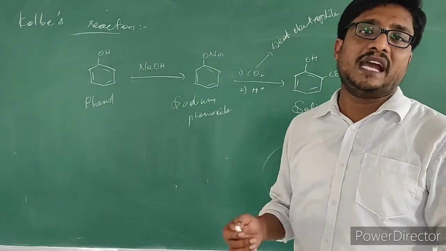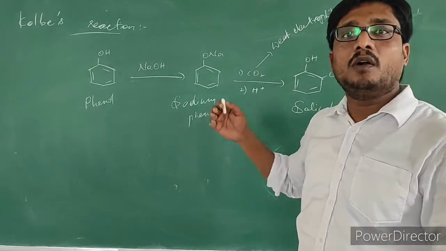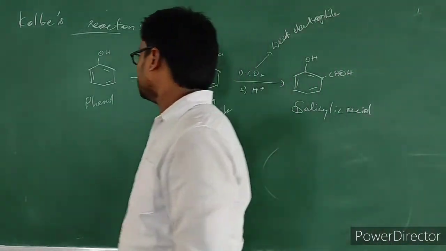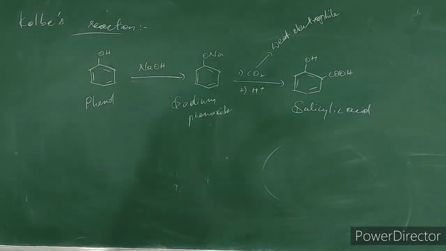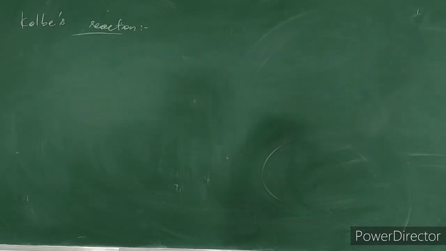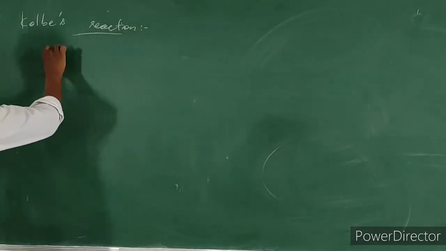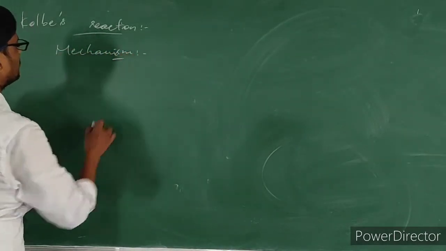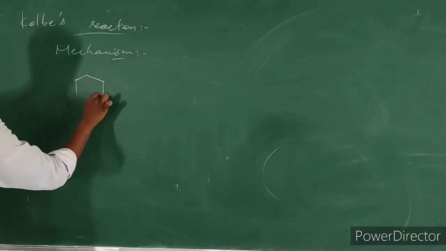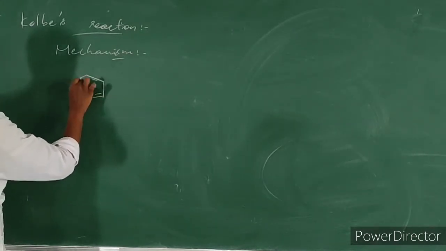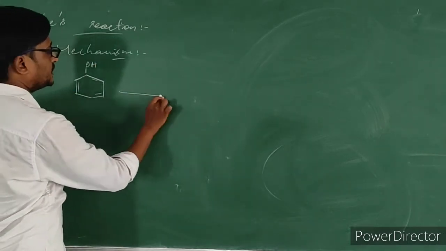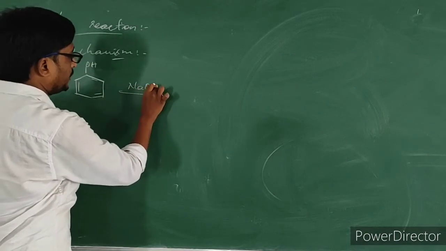Let us see the mechanism of this reaction, how phenol gets converted into salicylic acid. Mechanism. Phenol is initially treated with sodium hydroxide.